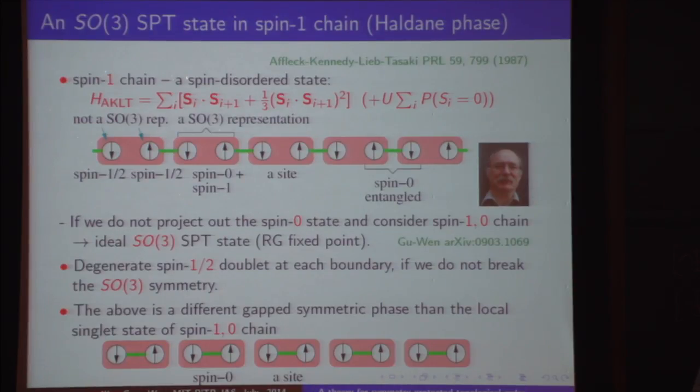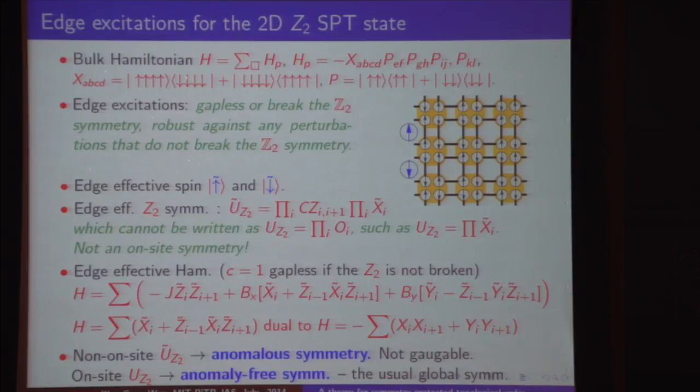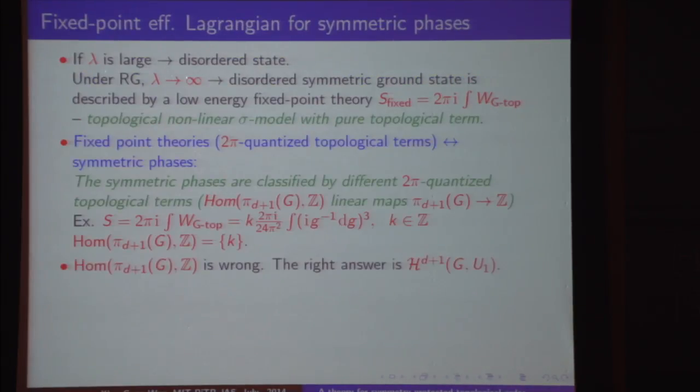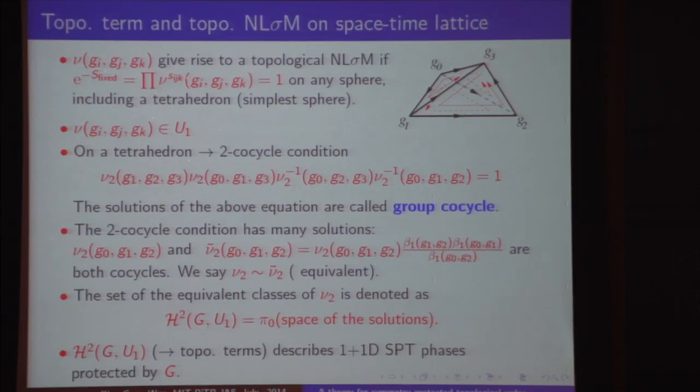Any more questions? At the end of the very last slide, you had come out with H2(G,U(1)). Is this the same one that shows up when talking about projective representations? Yeah, that's also the next one. Here, to draw a picture, I do 1+1D, which turns out to be H2, the projective representation.